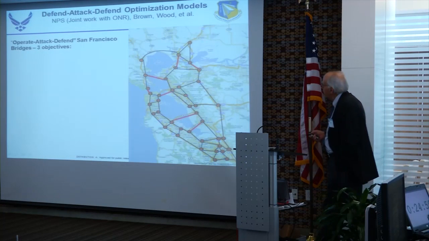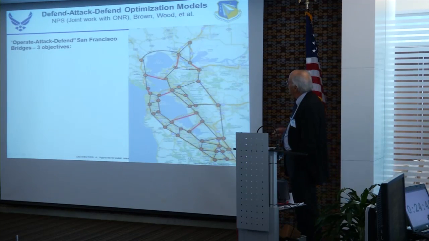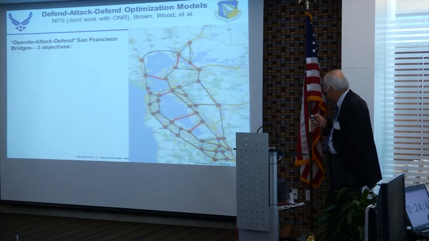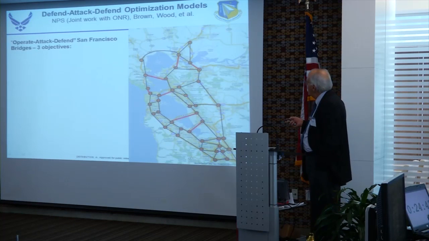Here's a newer application, and it relates to the attack-defend models, but this one is a little more concrete, perhaps, and it also has the additional, not just defend, attack. Defend means, we read this right to left. First, you defend whatever you're defending, in this case, this network of San Francisco Bay Area roads.